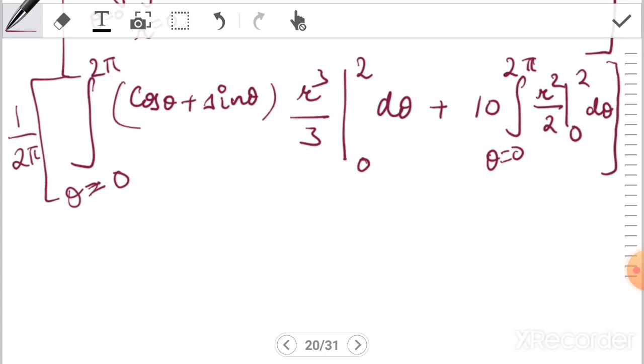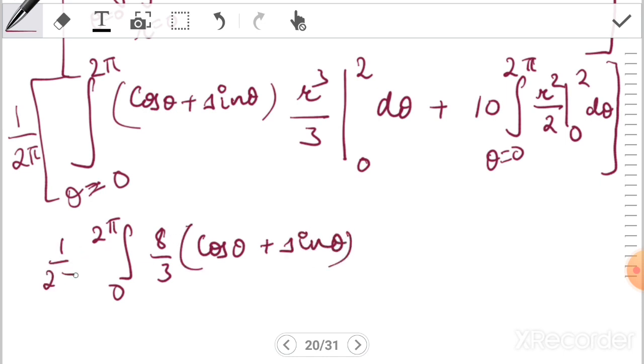Now this reduces to the integral from 0 to 2 pi of 8 by 3 times cos theta plus sin theta, times 1 by 2 pi, plus 1 by 2 pi times 4 by 2 into 10, which is 5 into 4 d theta, from 0 to 2 pi.